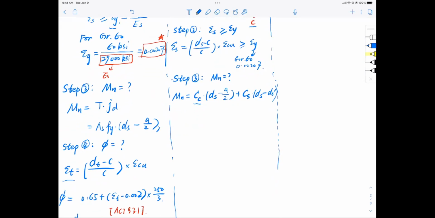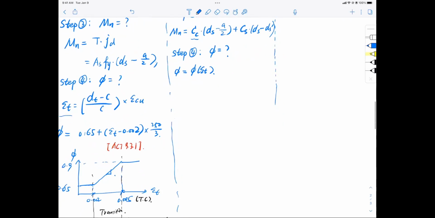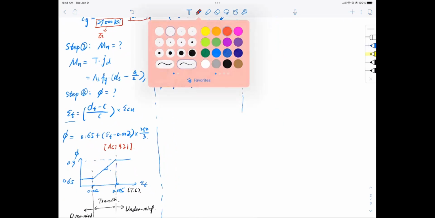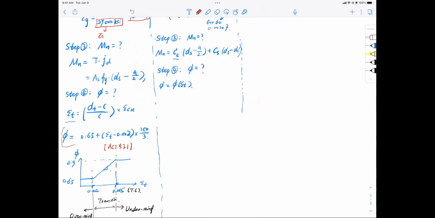Okay, step 3, that's the Mn. Now, step 4, what I'm doing here. Step 4 is I need to find my strength reduction factor phi. What is my strength reduction factor phi here? Phi Mn. So phi is the equation of epsilon t, remember? I've done this, this red fellow right here.